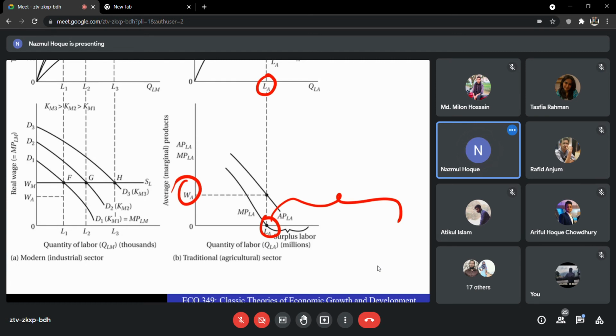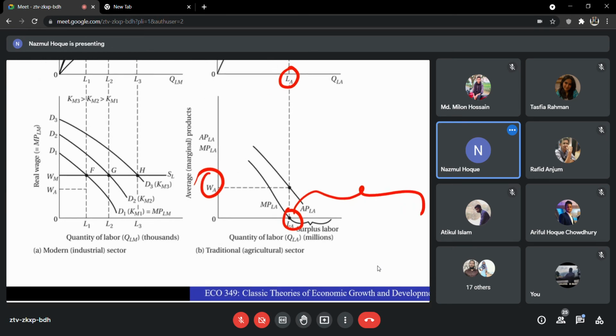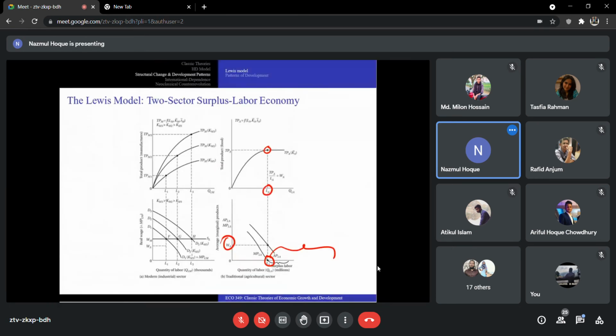And since workers are paid higher wages in the urban sector than the rural sector wage rate of WA, workers will be willing to work in the urban sector. As a result, the labor supply curve in the urban sector is basically a horizontal line.